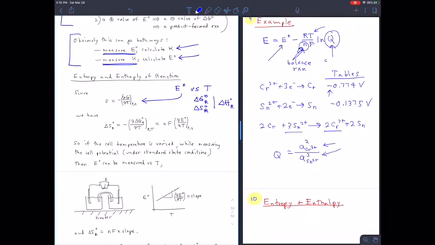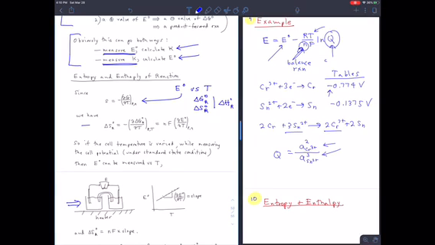So we can get a pretty complete characterization of all the thermodynamics of a reaction pretty easily just by looking at the readings on a voltmeter as we heat up our reaction a little bit.